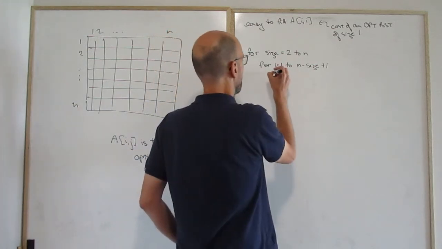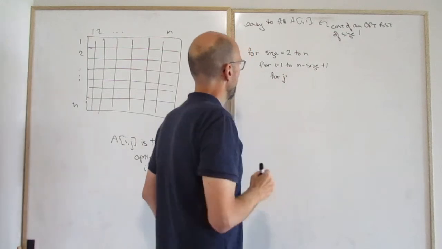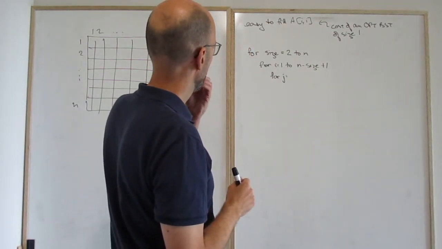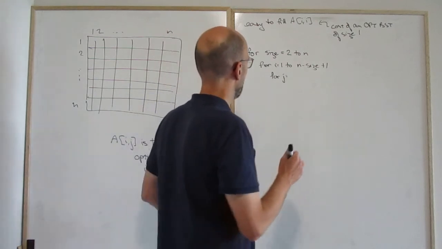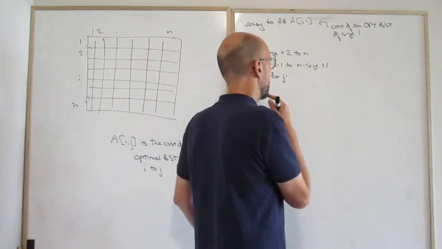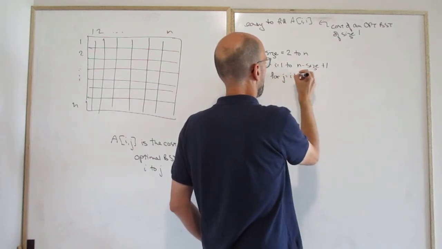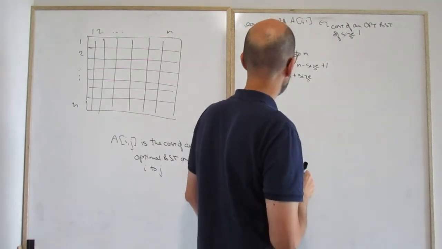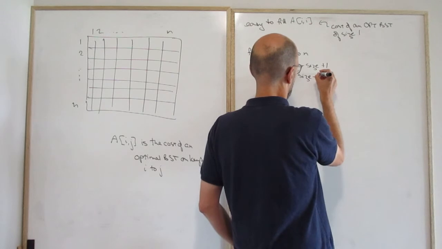Okay, and then you say, for j equals i plus size minus 1.